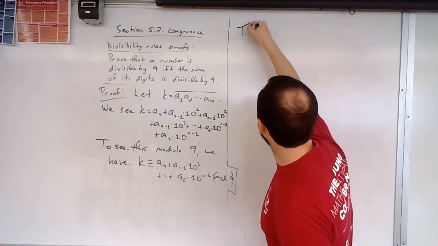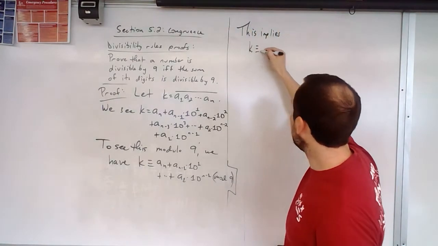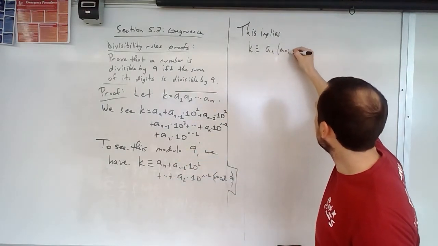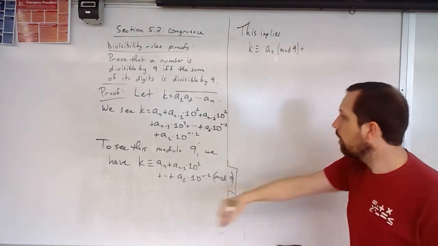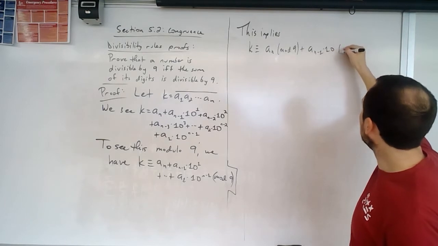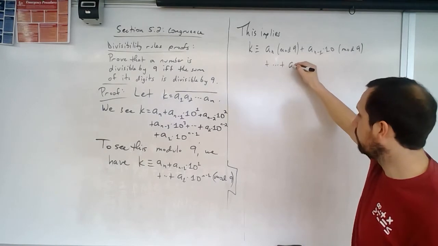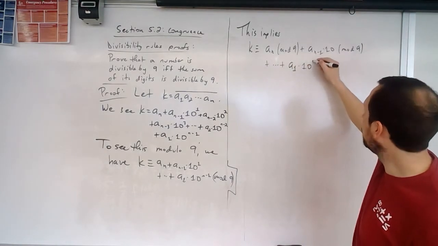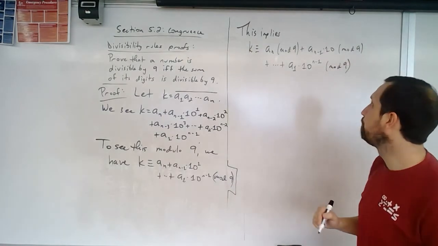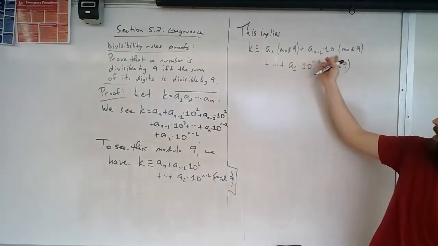So this implies that k is congruent to a sub n mod 9 plus a sub n minus 1 times 10 mod 9 plus a whole bunch of these plus a sub 1 times 10 to the n minus 1 mod 9.